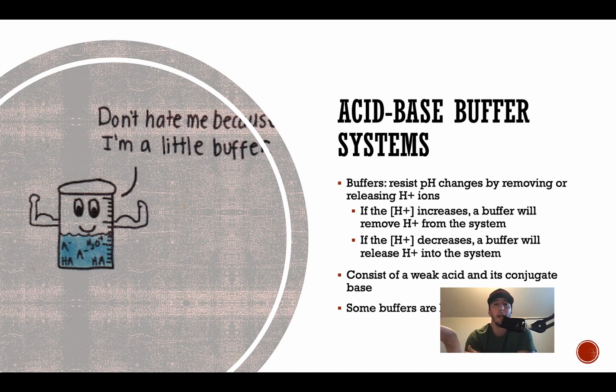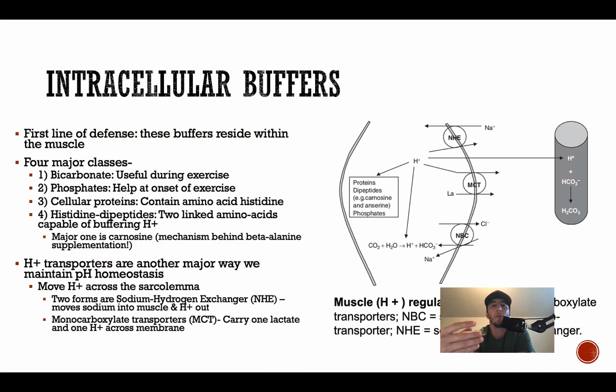With that being said, just like sports, there are some point guards, or some buffers, that are going to be better than others. We're going to have a couple different types of buffer systems. Let's talk about the intracellular buffers. These are going to be our first line of defense. These are what we use within the muscle to try to offset some of the hydrogen ion accumulation that occurs with the onset of exercise and with increasing duration or intensity of exercise.